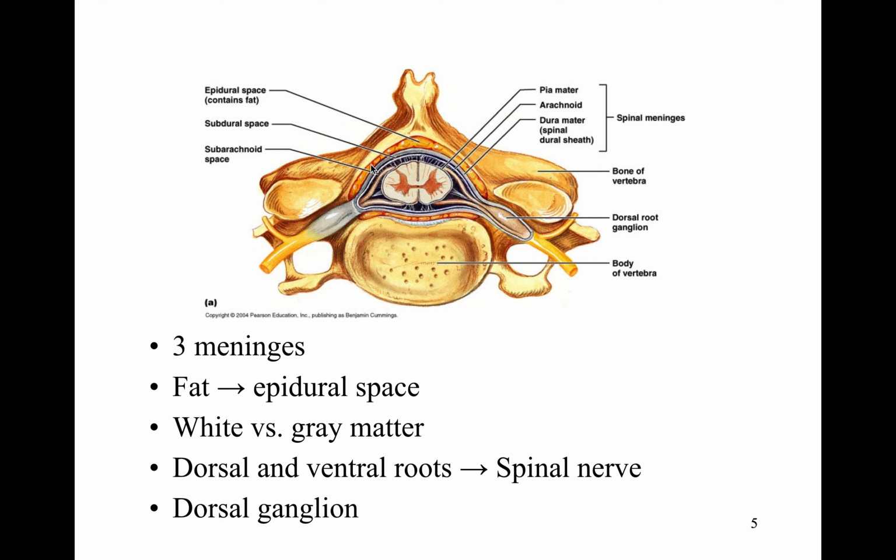This fatty region is helping to protect the spinal cord from the vertebral column. It provides some cushioning in between that bony structure and the important spinal cord. So again, that fat or adipose tissue accumulates in the epidural space, providing another layer of cushioning in order to protect the spinal cord.